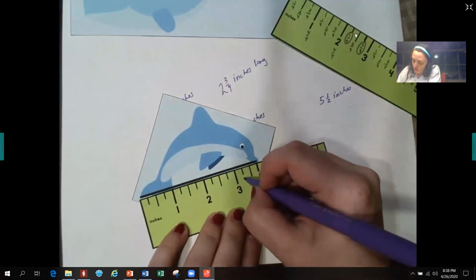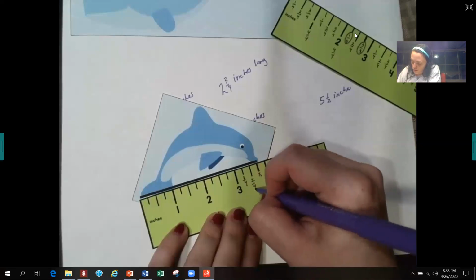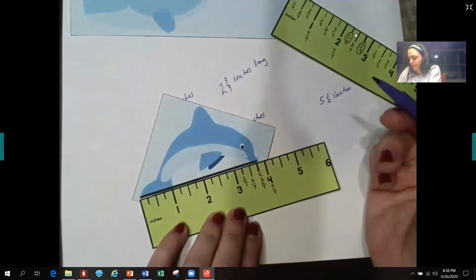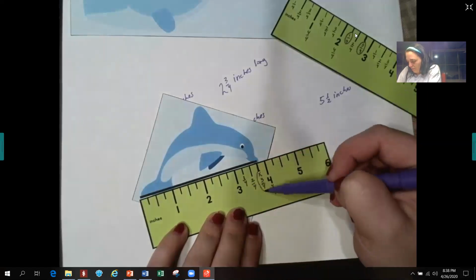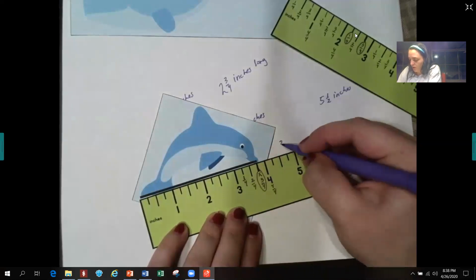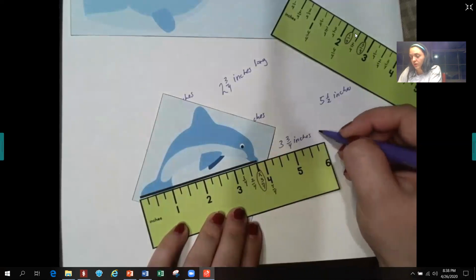So I know I'm working with fourths. So 1/4, 2/4, 3/4, and 4/4. So my dolphin is 3 3/4 inches long.